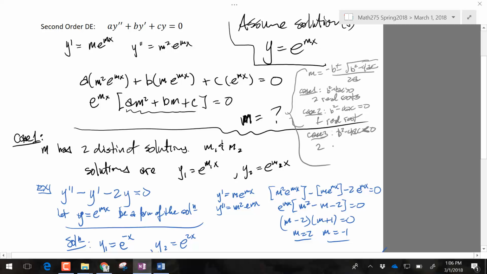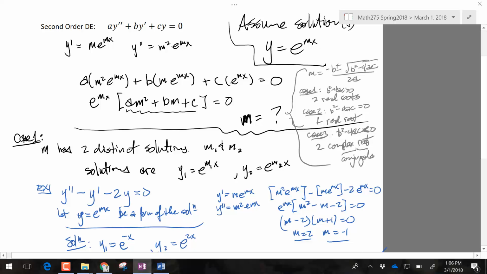And in this case, we have no real roots. What happens is that the thing under a square root is negative, which introduces the imaginary number. And the imaginary number will yield complex roots.